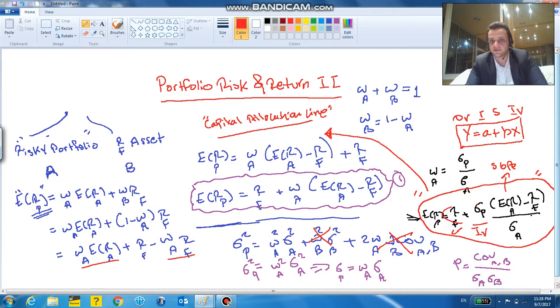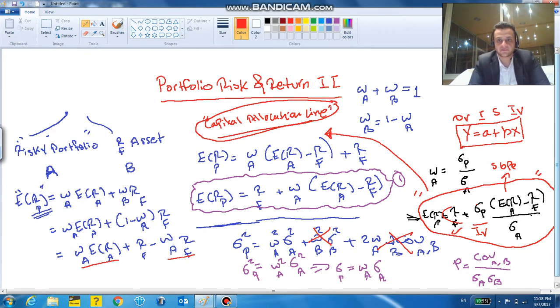This is the intercept. The intercept, as we're going to see on the next slide, is basically what intersects on the y-axis. Again, you need to memorize this formula, capital allocation line, very important, very testable.